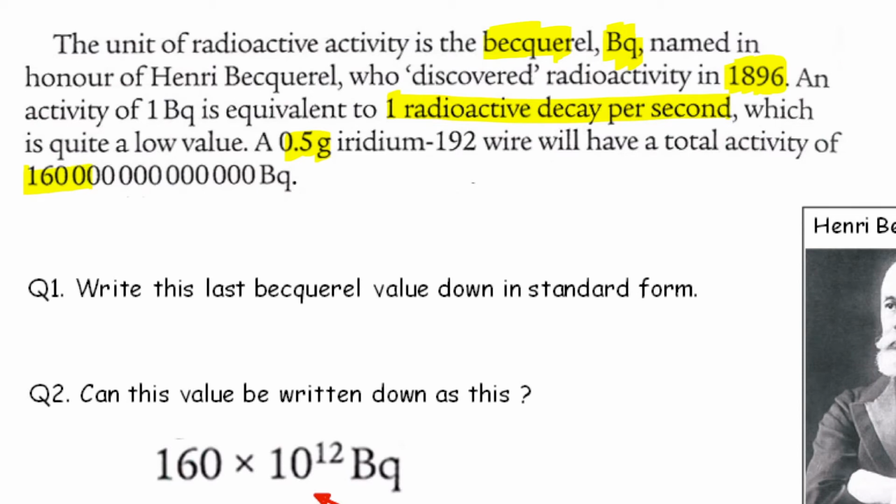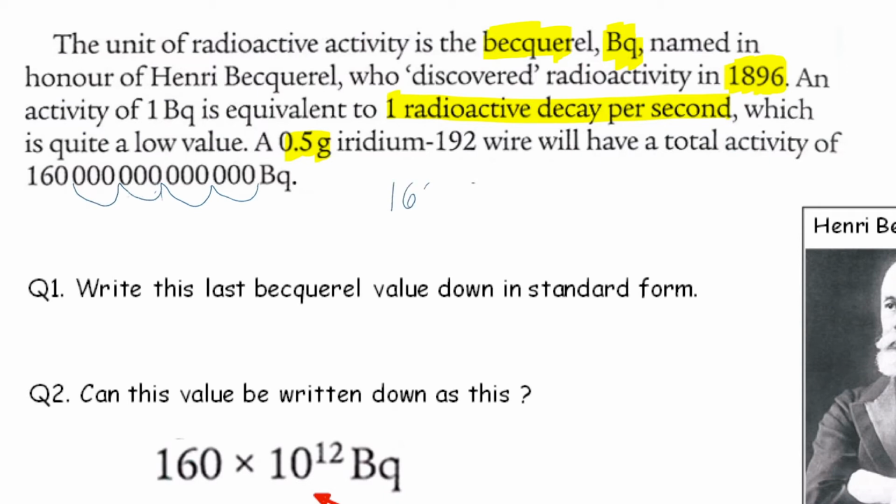Oof. If we were to put a number on that, we learnt in year 10 about how we can use prefixes and significant figures. What we need to do is start on the right hand side. We've gone 3, 6, 9, 12.